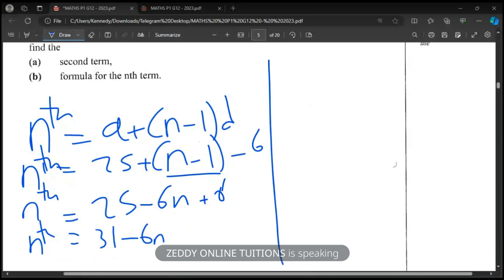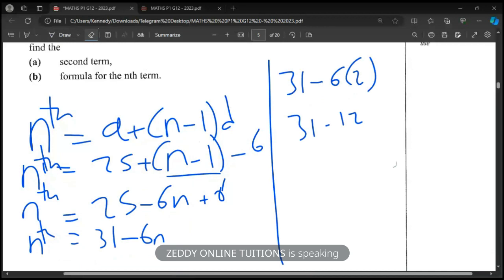So now let's go to the other side and try to prove it, okay? So 31 minus 6 multiplied by 2, right? So 31 minus 12. We are trying to find the second term. We just put 2 there because we're trying to find the second term. What is 31 minus 12?